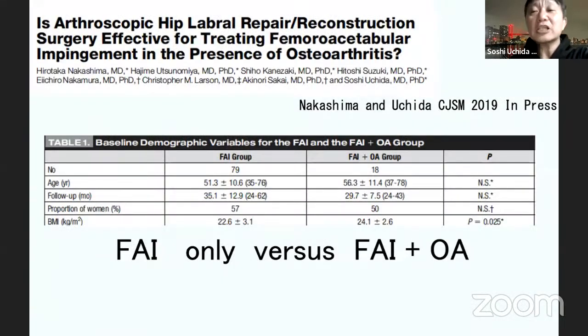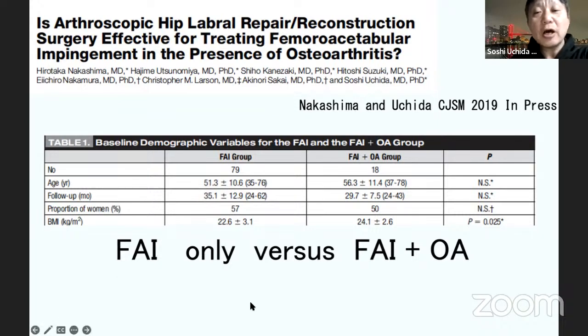This is Dr. Nakashima's study, looking at patients with Tönnis grade 1 OA with FAI compared to the FAI-only group.